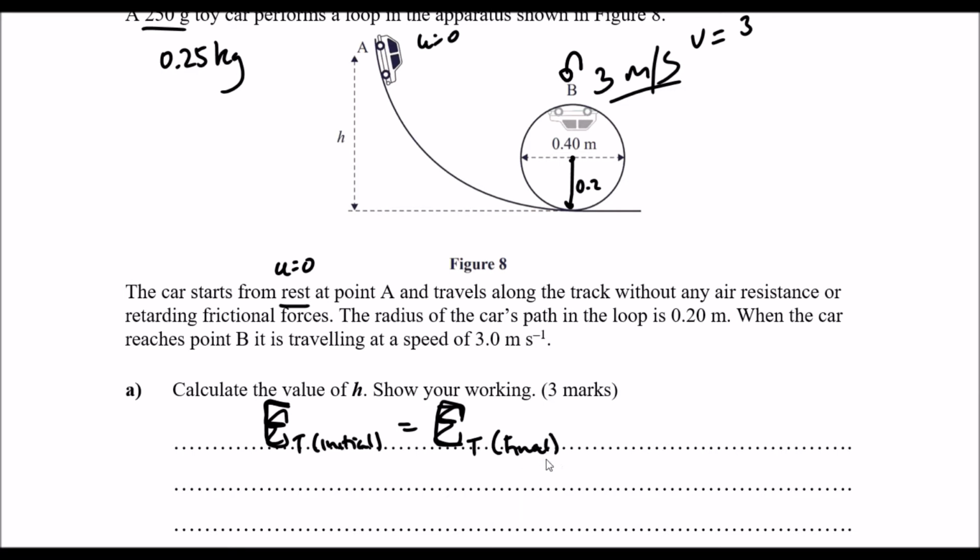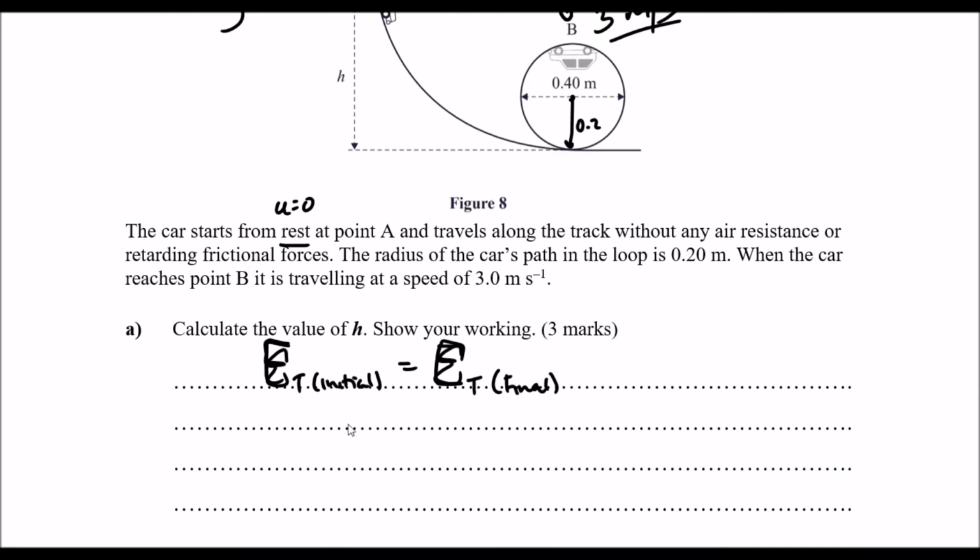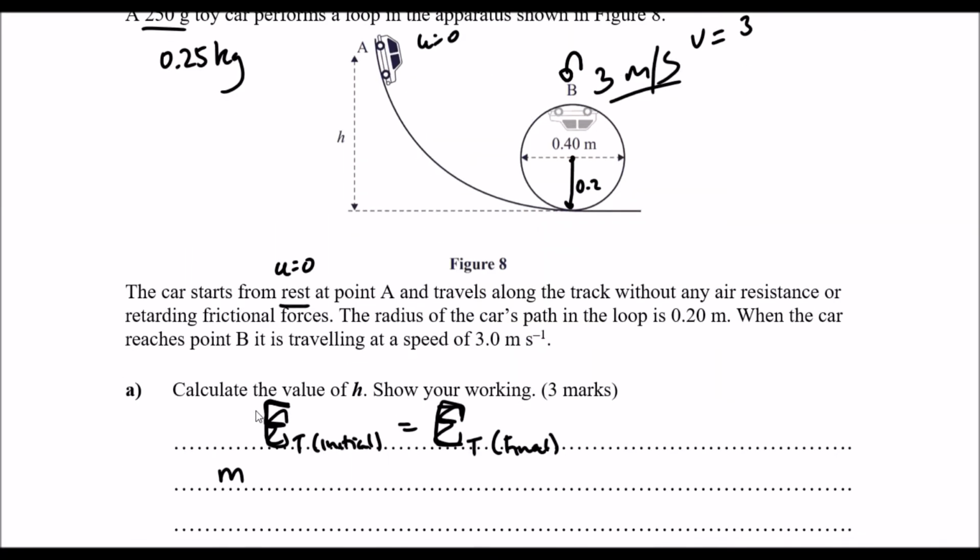So this is a relationship of conservation of energy. We have the mass of our car, mgh plus kinetic energy, half mv squared. That's the total energy of this system.